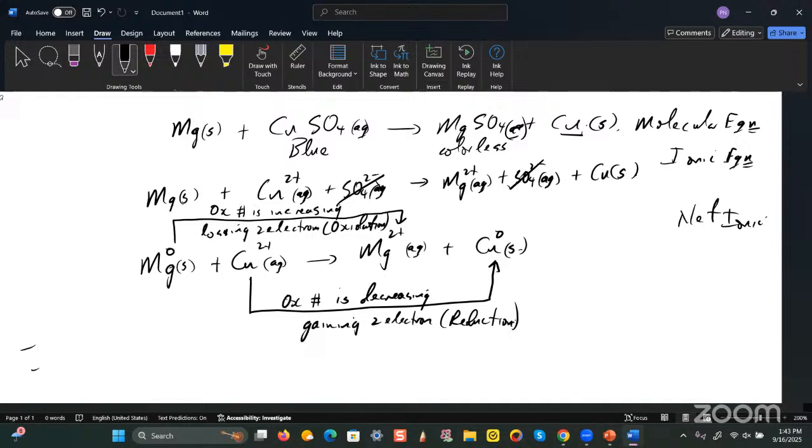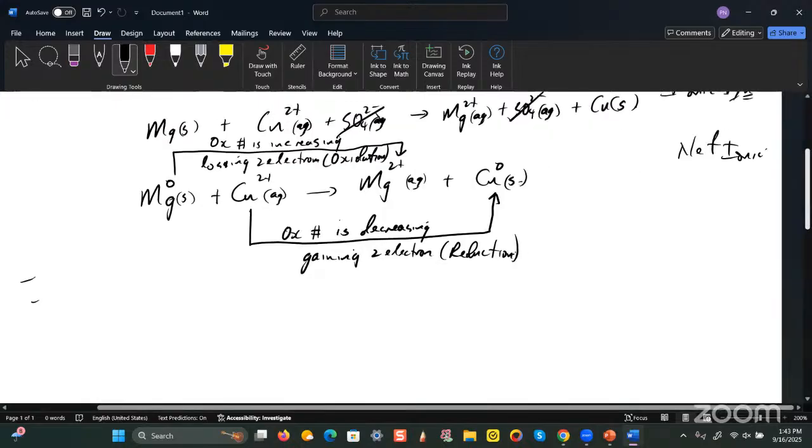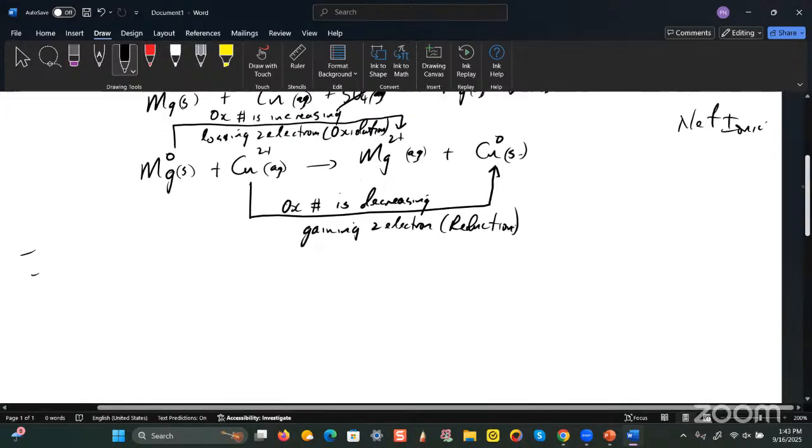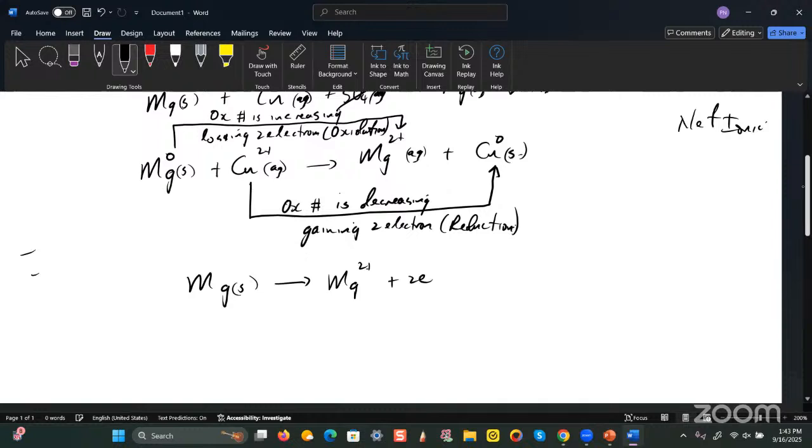And this is exactly what happens in every redox reaction, right? Something is undergoing oxidation, and the other reactant has an atom that is undergoing reduction. Also, one thing I want to point out here is that we can write down what are called half reactions or half equations for the reduction and oxidation. So in the case of magnesium, we can write down this to represent the oxidation half reaction.